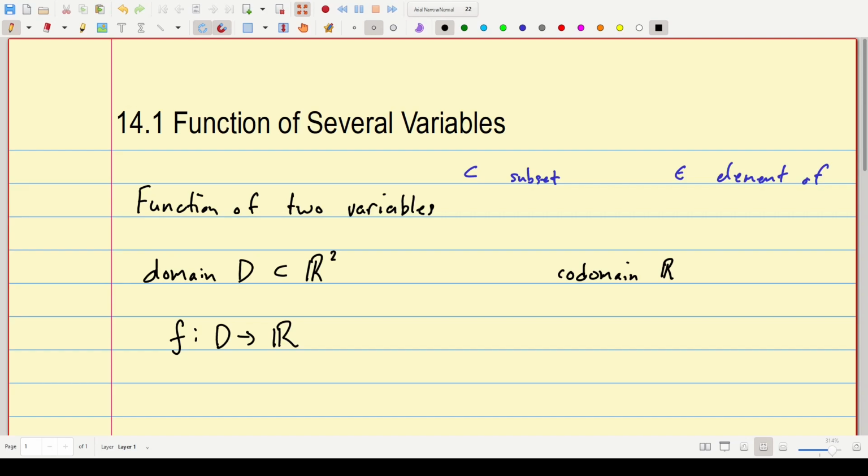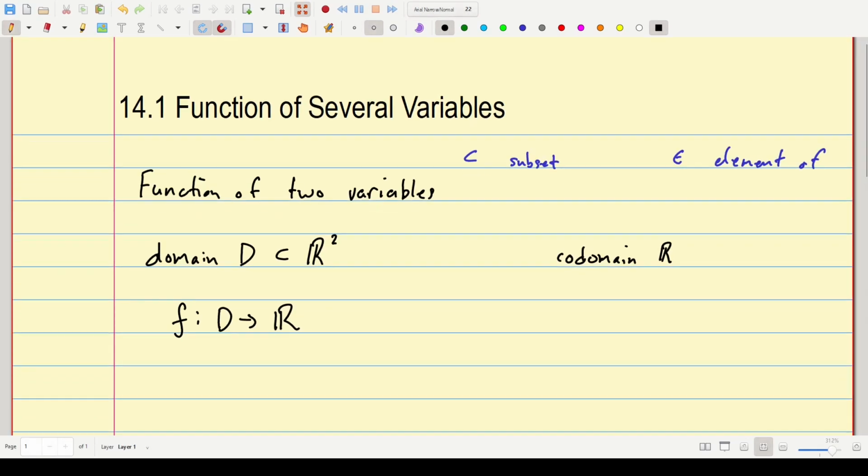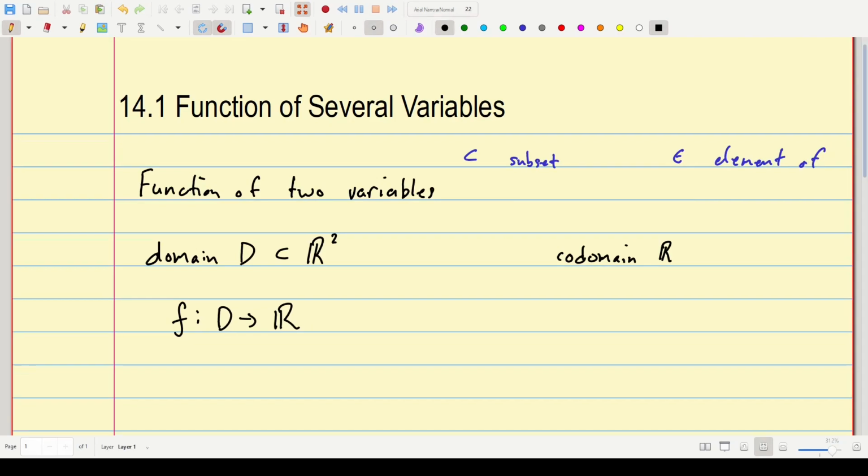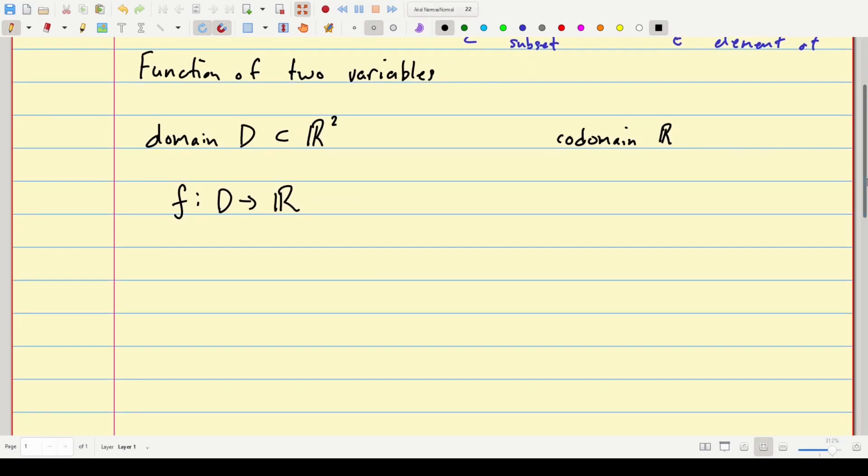And as we are familiar with, of course, f represents some kind of relationship that does the assignment of the elements of D into R. So for the purposes of making things fairly straightforward, what we're going to say is that the ordered pair xy is an element of D. Okay.